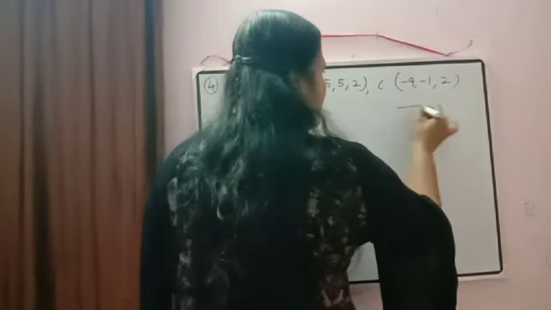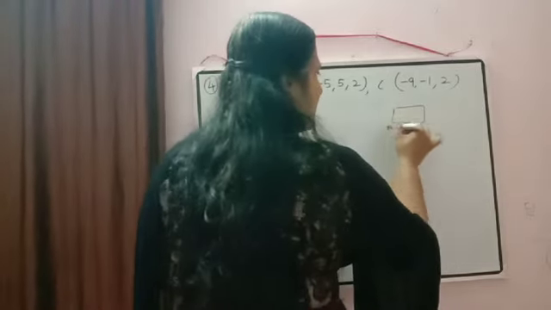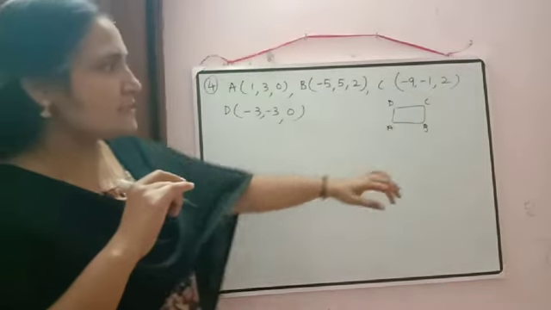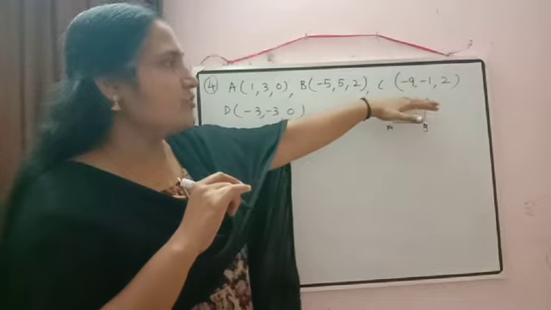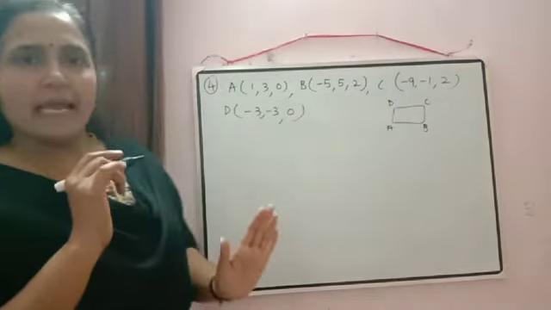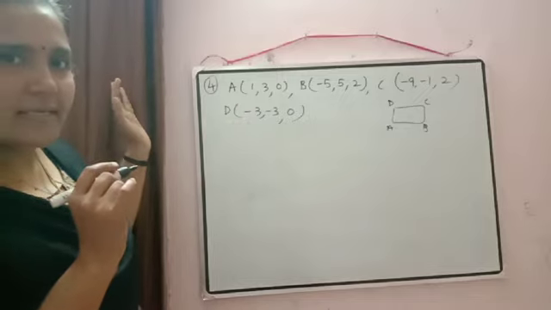If we draw a rough diagram, it will come in this way: A, B, C, D. So AB should be equal to CD, and DC should be equal to AD. First we can calculate all the distances.